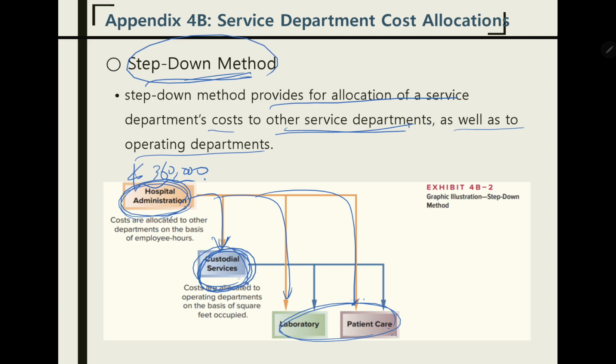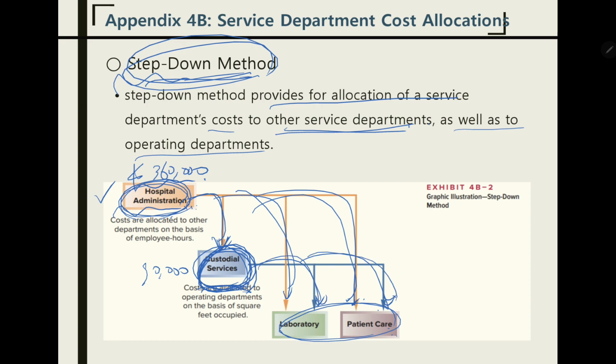Okay, and then the custodial services cost is allocated to operating department. So step down method is called step down method because in the first step we allocate one service department's cost to other departments. And in the second step, we allocate the other service department's cost to operating department.